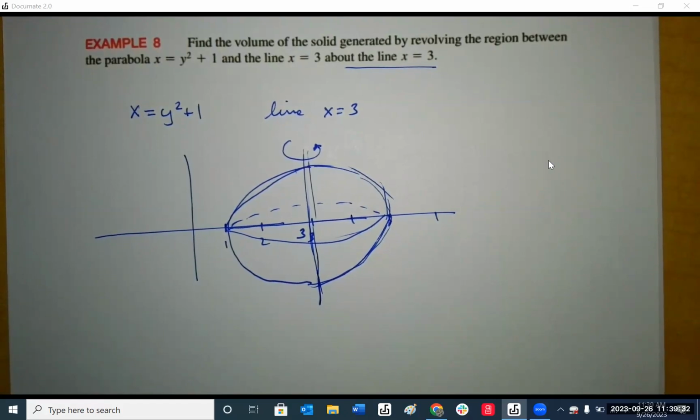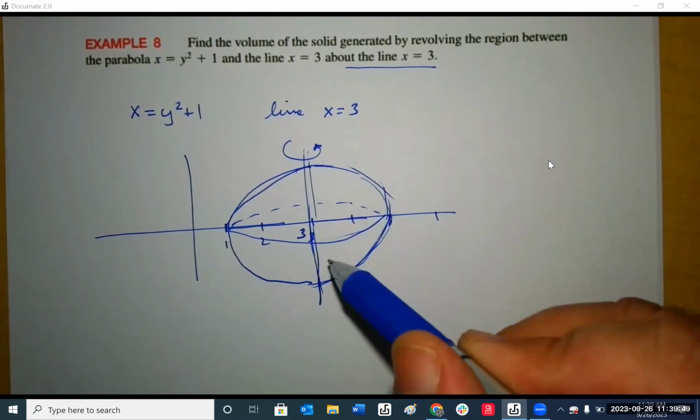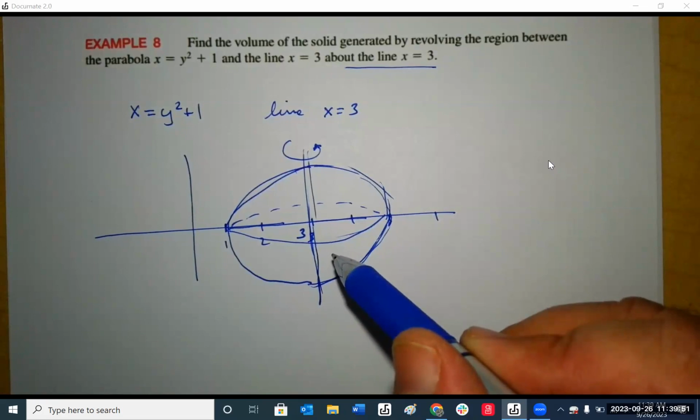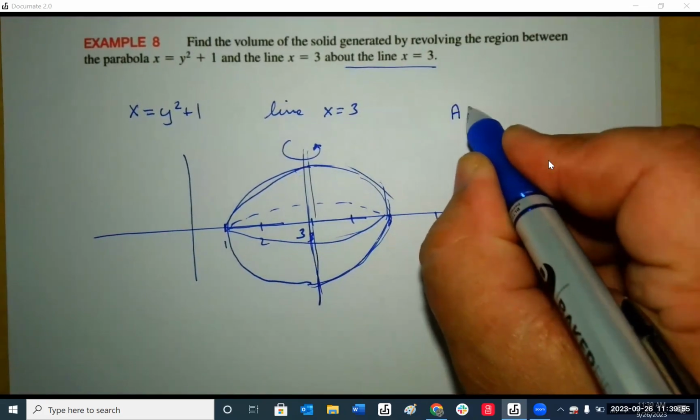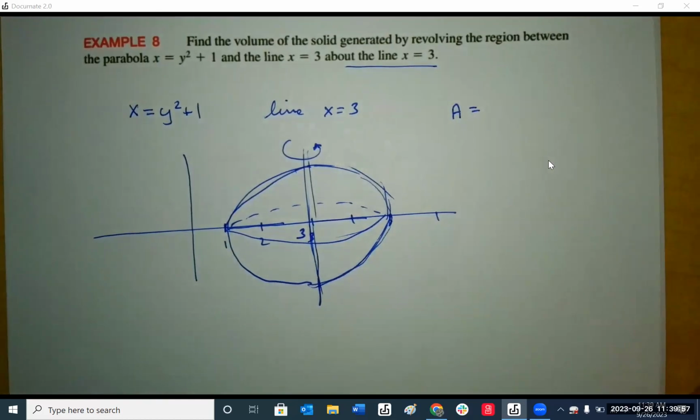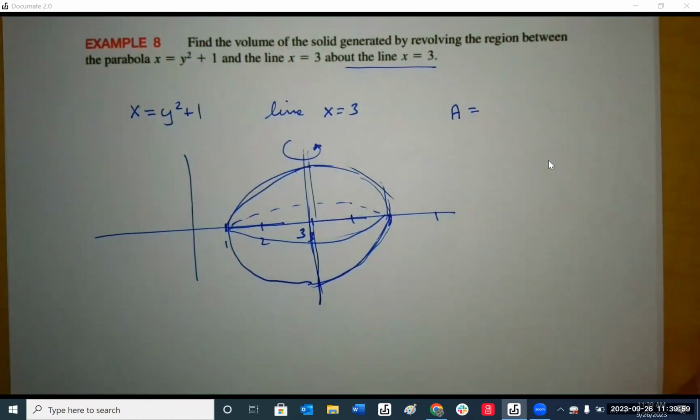So what do we do from there? Do we have the graph? Do we have the formula? What's it going to be?